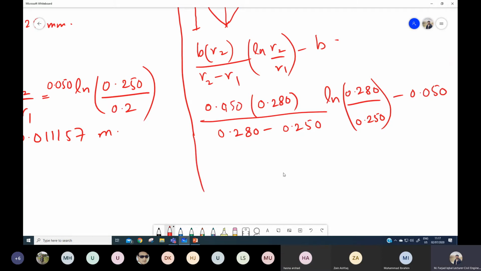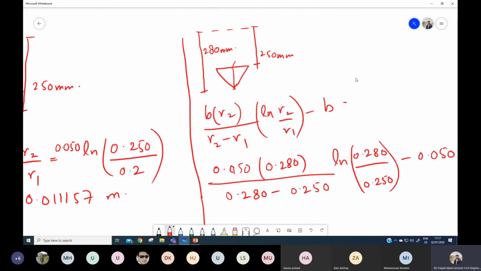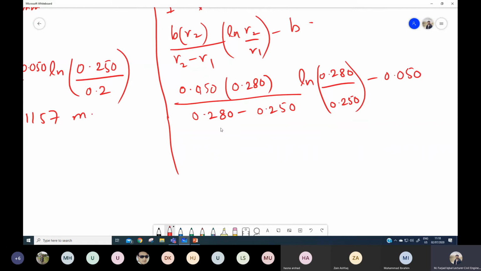So what will be this integral? It is 2.886 into 10 to the power minus 3, that is 0.0028867. Okay, so this is the integral for the triangular shape.